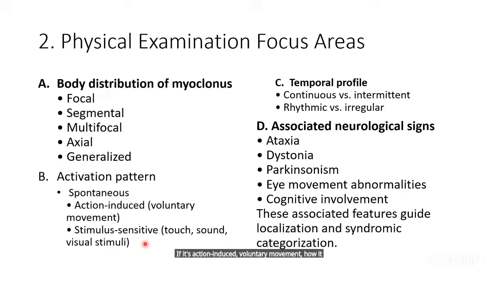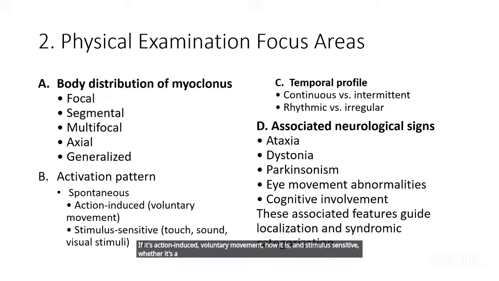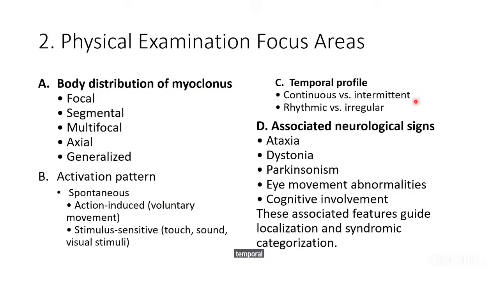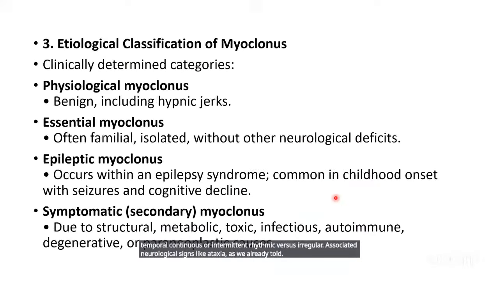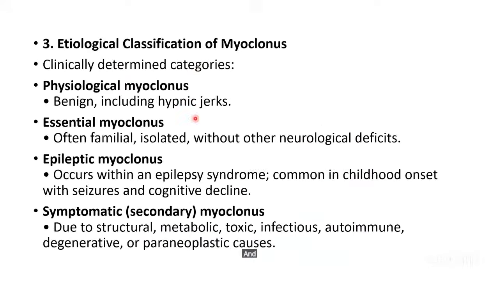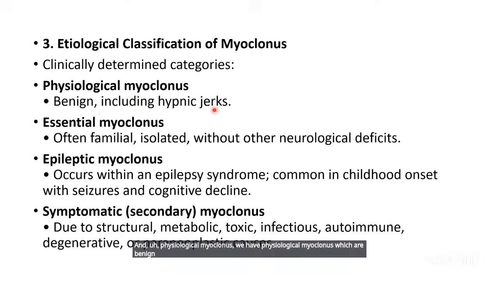And stimulus sensitive, whether it's touch sensitive, sound sensitive, or visual stimuli sensitive. Temporal pattern, continuous versus intermittent, rhythmic versus irregular. Associated neurological signs like ataxia, as we already told. And physiological myoclonus, which is benign, includes hypnic jerks.